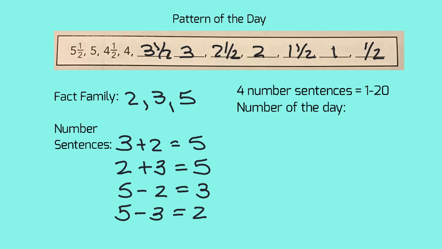Good. All right, and our number of the day is 13. So we need 4 number sentences that equal the number 13. All right, think about it. First one I'm going to do is 7 plus 6 equals 13. We can then go ahead and do 6 plus 7 equals 13.